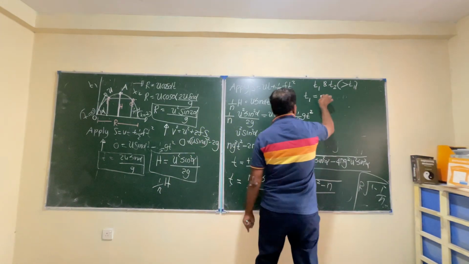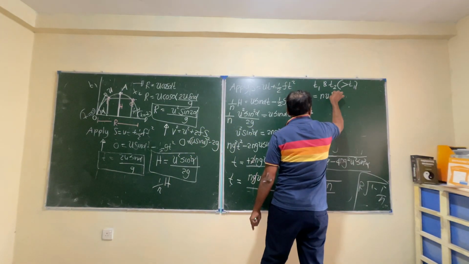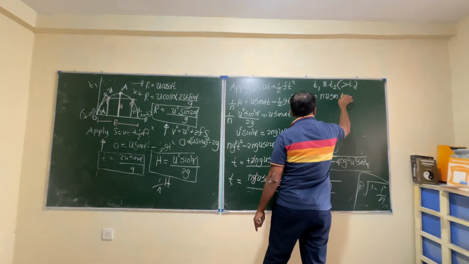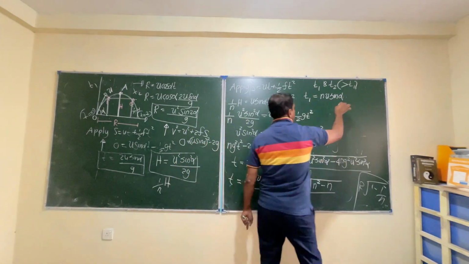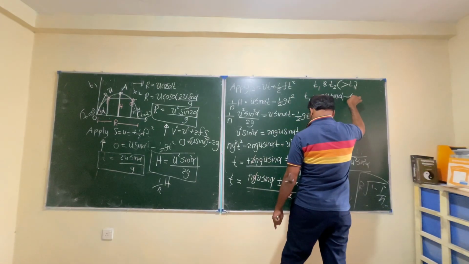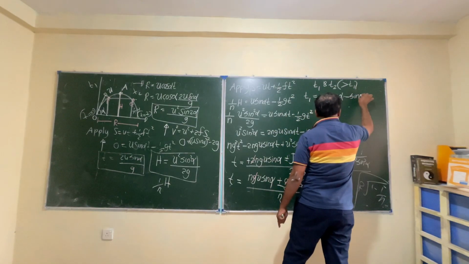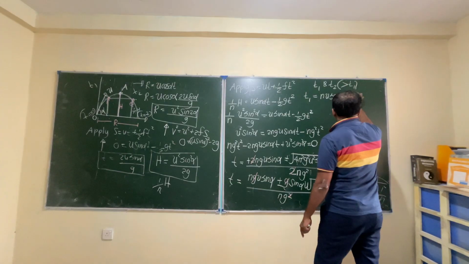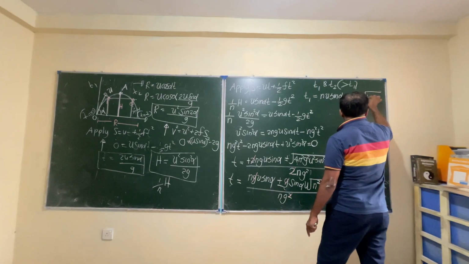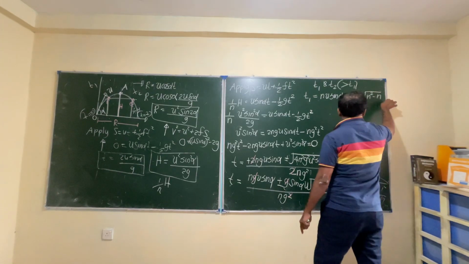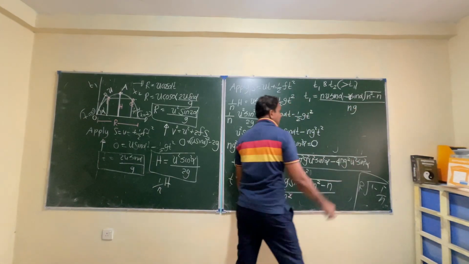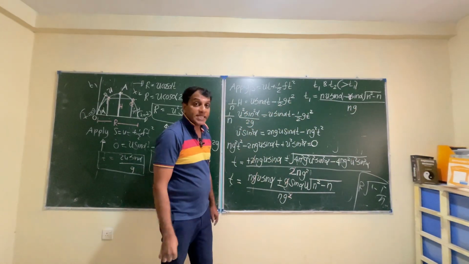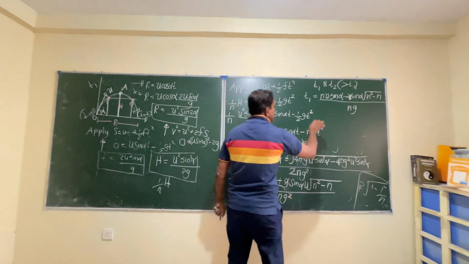So n u sine alpha, okay? n u sine alpha, negative, u sine alpha times the square root of n square minus n, over ng. I simplify one g, right? This is T1. So what is T2?